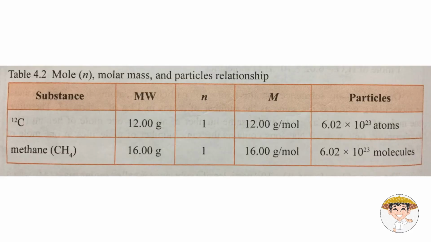Okay, so for example, we are going to get the molecular weight of carbon 12. There is only one atom, because there is no subscript written, so it is automatically 1. One atom of carbon 12, that is your N, your number of atoms.